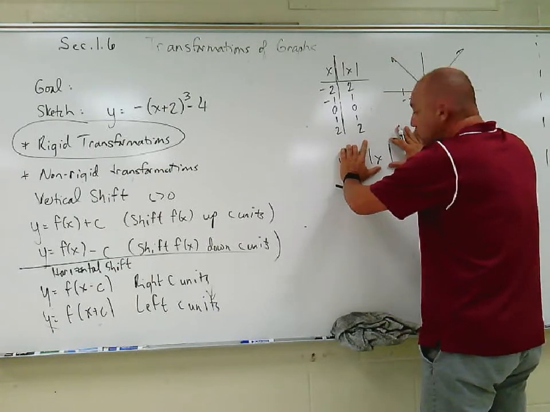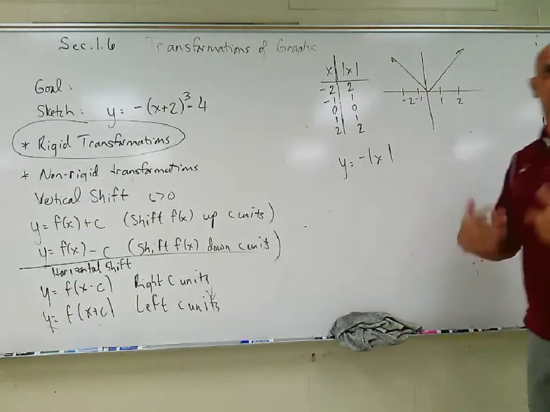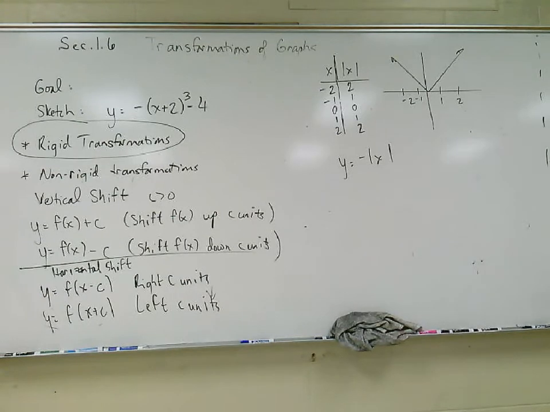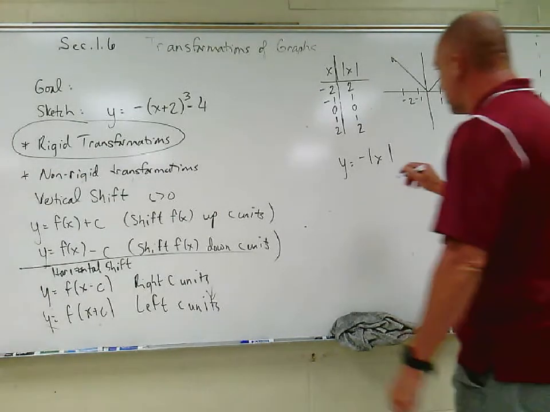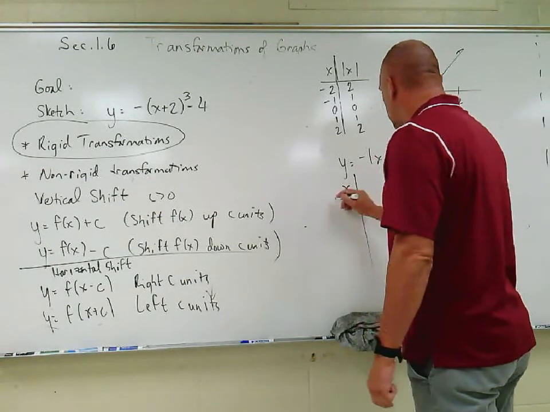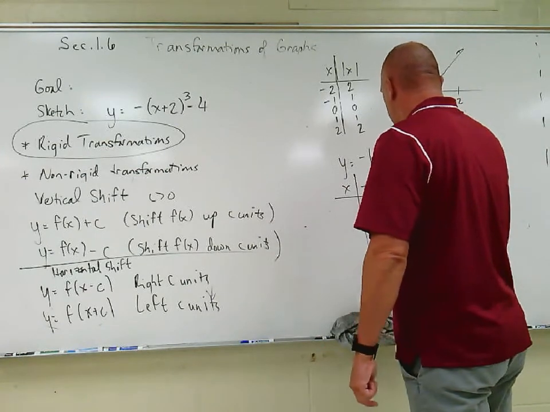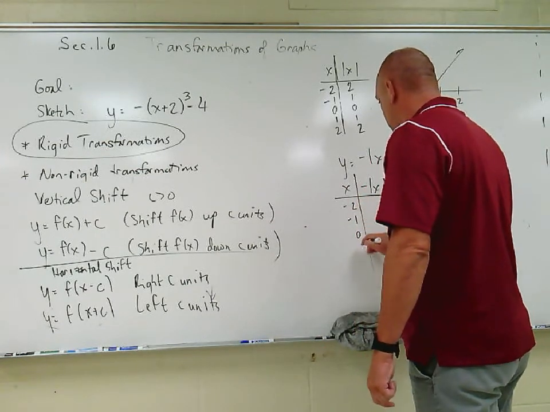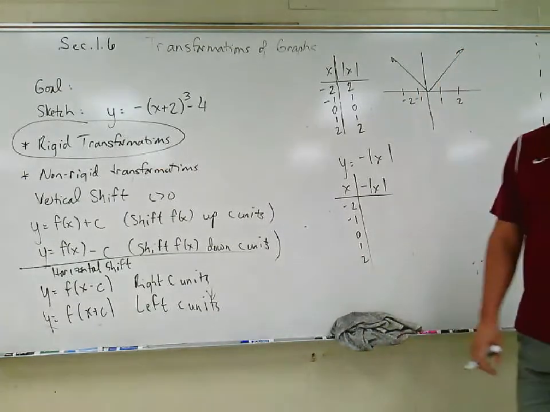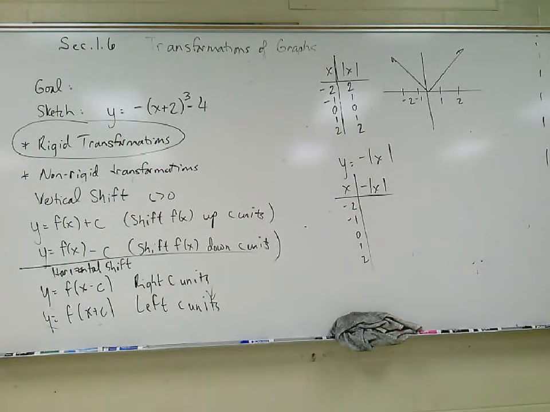That's what gives you your y's. Now I'm putting a negative in front. Now what happens? So go ahead and do this t-chart real quick. See what you get. So what should you do first, the negative or the absolute value? Absolute value, because of order of operations. Do that first.